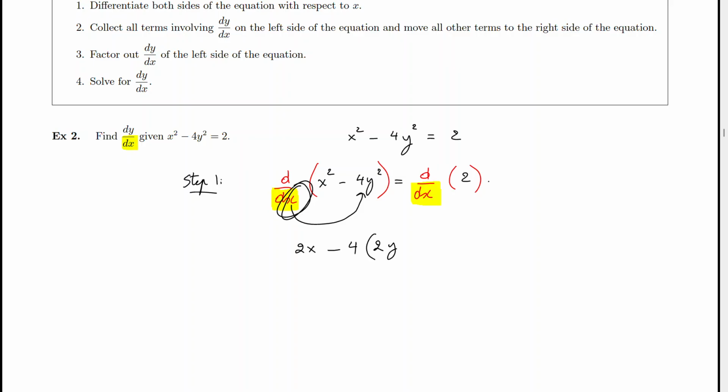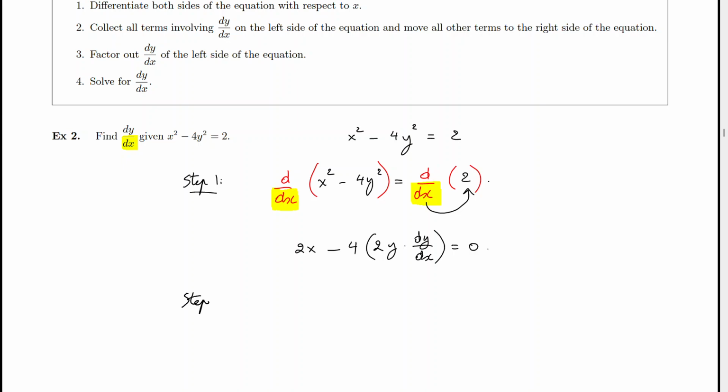But the letter I'm differentiating is y squared, and I'm differentiating with respect to x, so they don't match. That's why I'm going to write the dy over dx. And it's equal to the derivative of 2. In this case, the number all by itself gets differentiated and becomes 0.